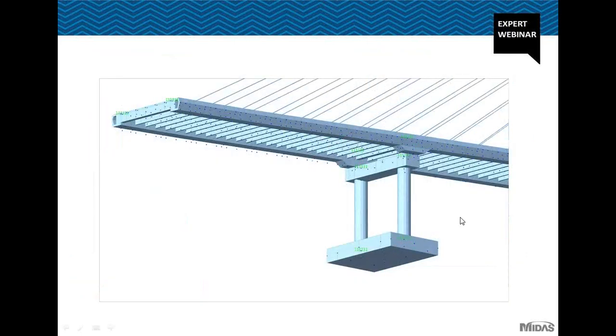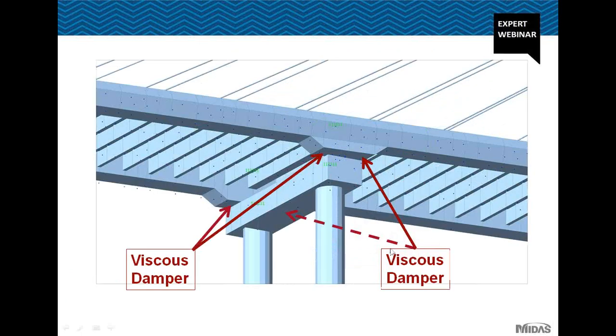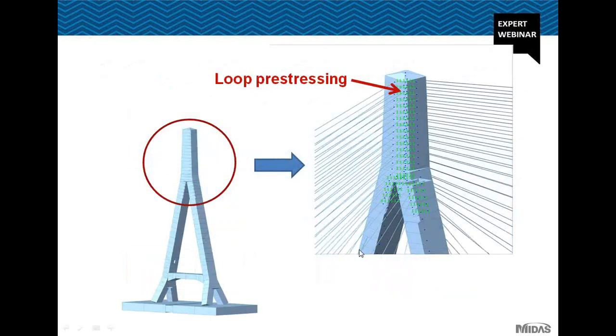This is the detailed modeling of intermediate piers. We see more clearly here the detailed modeling of the deck girder and intermediate pier connection by assigning a viscoelastic model of viscous dampers. This is a detailed model of the pylon, in which the loop pre-stressing in the stay cable's anchorage zone was also modeled in Midas Civil.